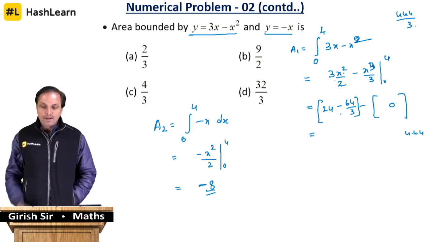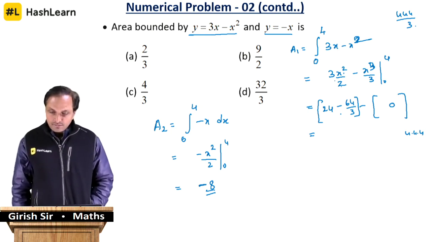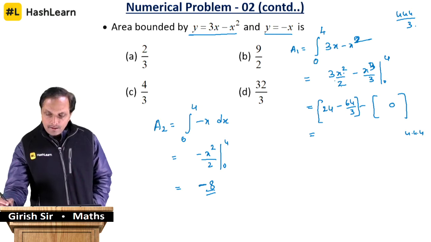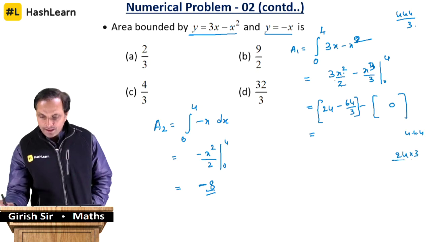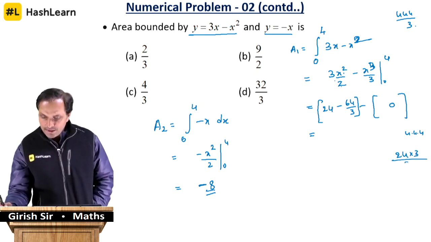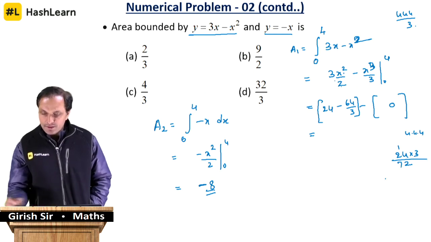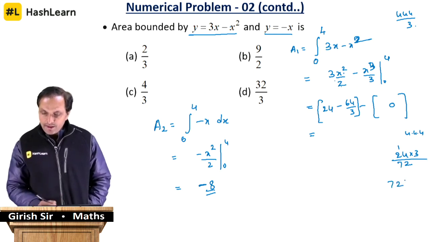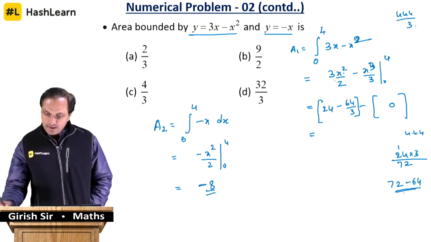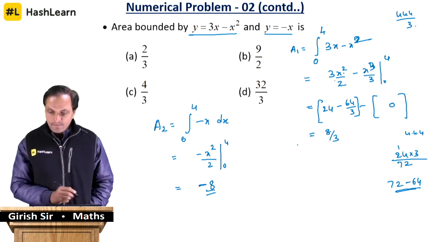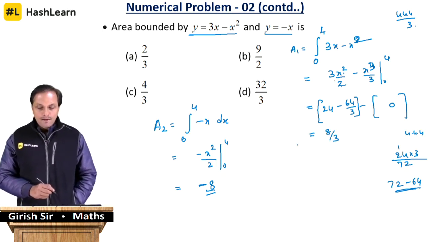So 8 into 3 is 24. 4 3s are 12, carry 1, 3 2s are 6 plus 1 is 7, 72. So 72 minus 64 will give you how much? That will give you 8 by 3, okay, fine.